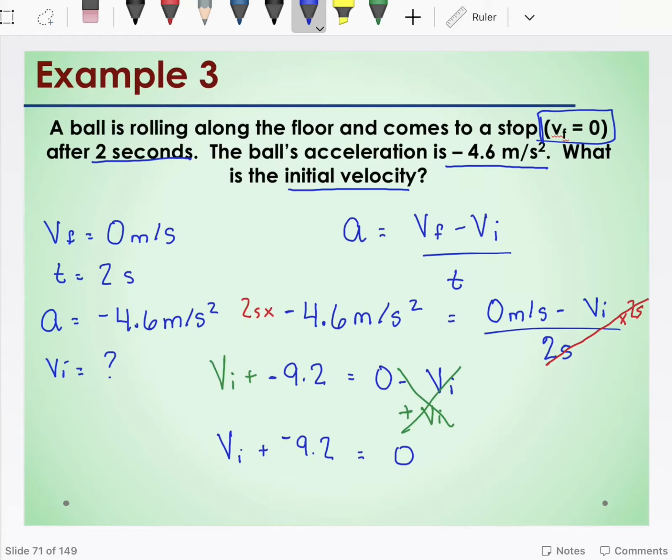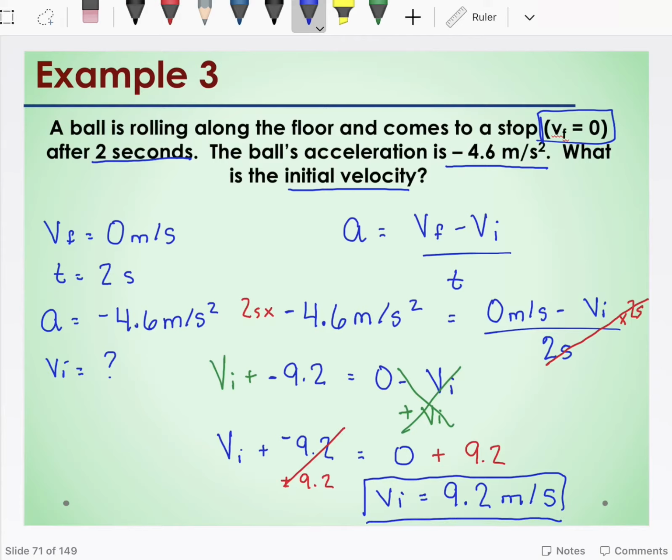Now I have to move my negative 9.2. To do that, I'm going to add 9.2. So VI equals 9.2 meters per second.